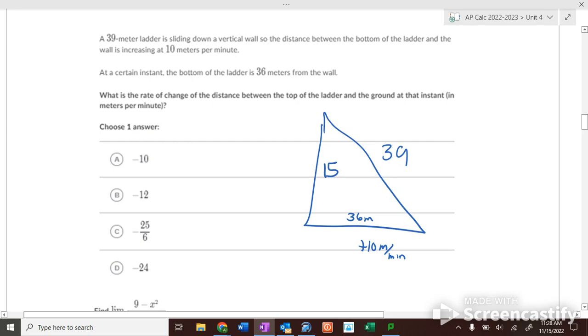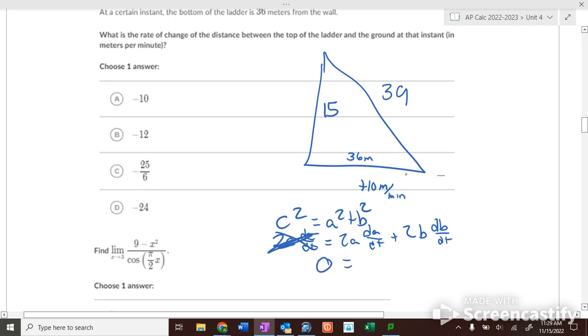Okay, so that's 15. So we know those parts. If c squared equals a squared plus b squared, then 2c dc/dt equals 2a da/dt plus 2b db/dt. Now, if it's a 39-meter ladder, does it change its length at all? No, so that's 0, so this becomes 0 on this side.